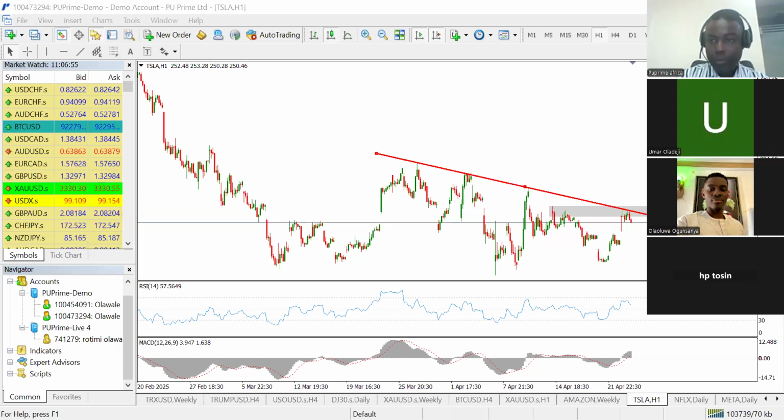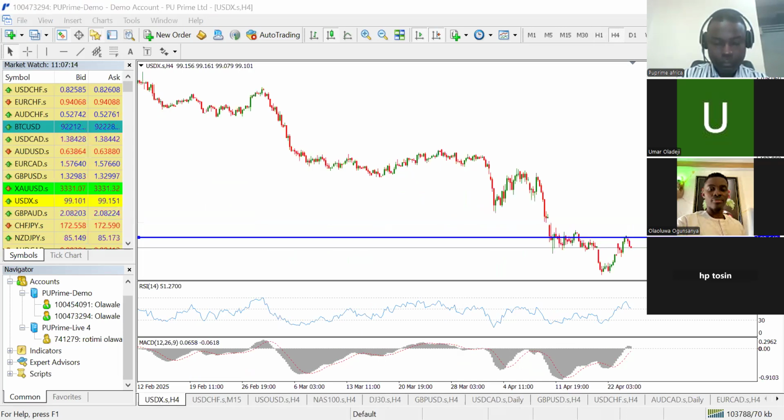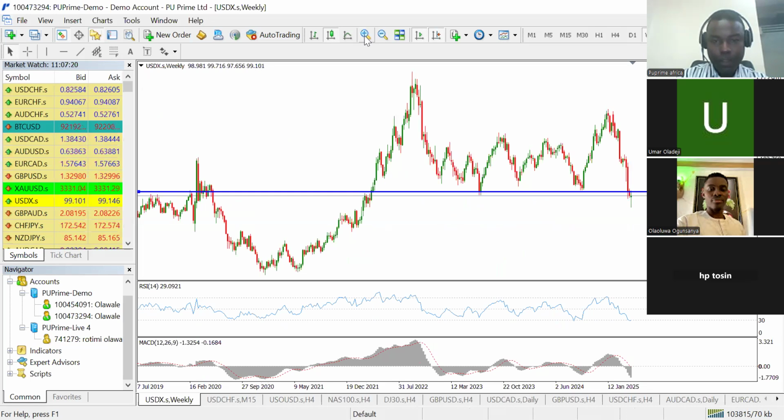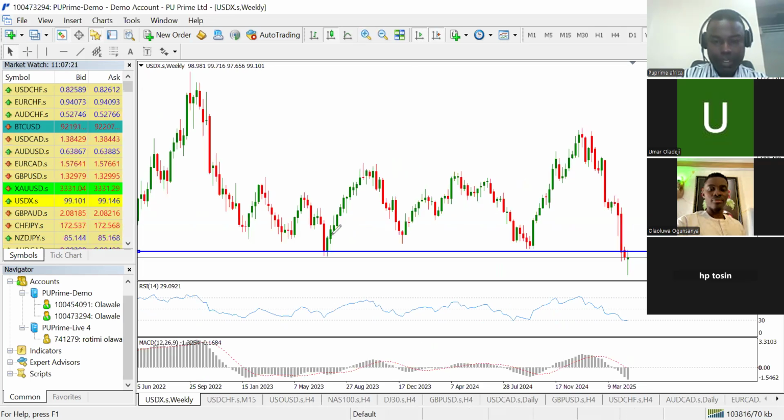Now I'll start with the dollar index. From a technical angle, the dollar index is trading below the support level on the weekly time frame.